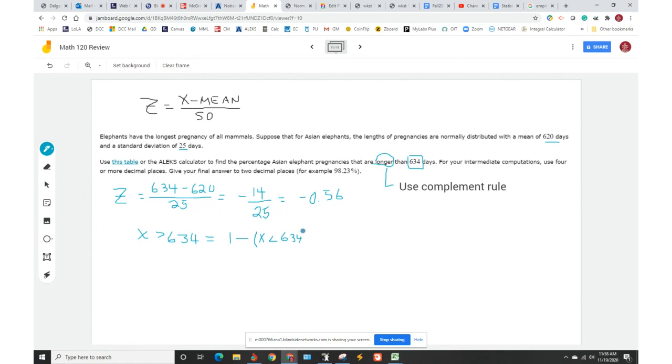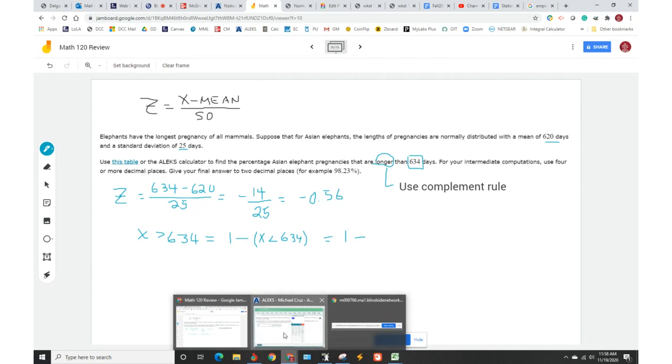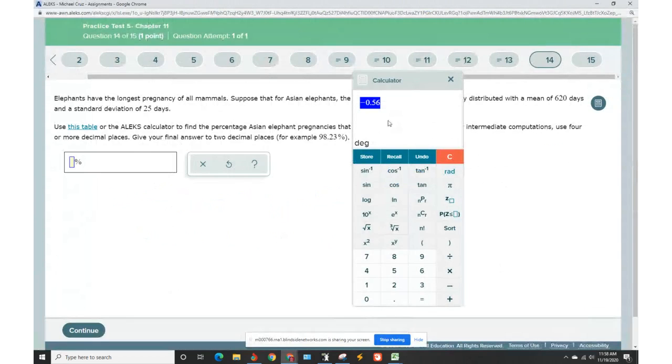So what we're going to do is take that and put it in the calculator. All right, so let's go back over there and use that calculator. Put it in there for me. So 0.2877.